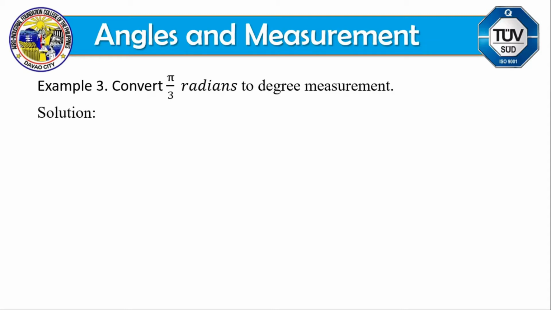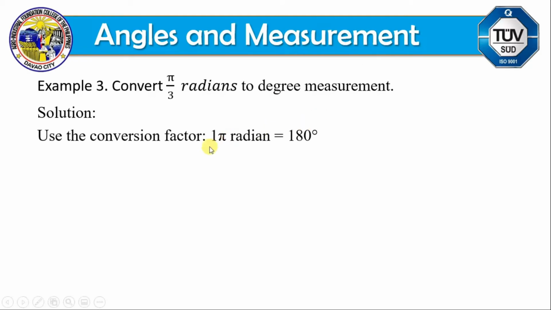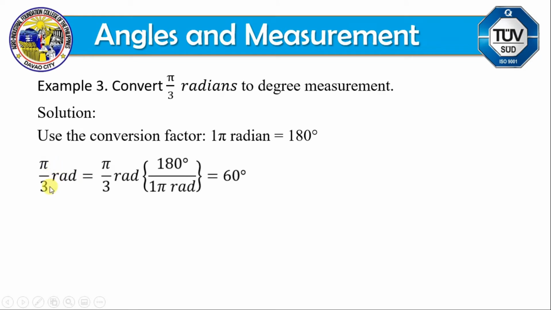For the solution, again we use this conversion factor. Our given pi over 3 radian, we just multiply this by our conversion factor. Notice that the positioning of our conversion factor changed. Earlier, when it was from degree to radian, the 180 degrees was at the bottom.